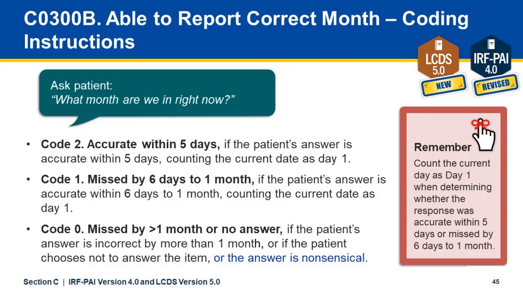Code 0, missed by greater than 1 month or no answer, if the patient's answer is incorrect by more than 1 month, or the patient chooses not to answer the item, or the answer is nonsensical. Now remember, count the current day as day 1 to determine whether the response was accurate within 5 days, code 2, or missed by 6 days to 1 month, code 1.